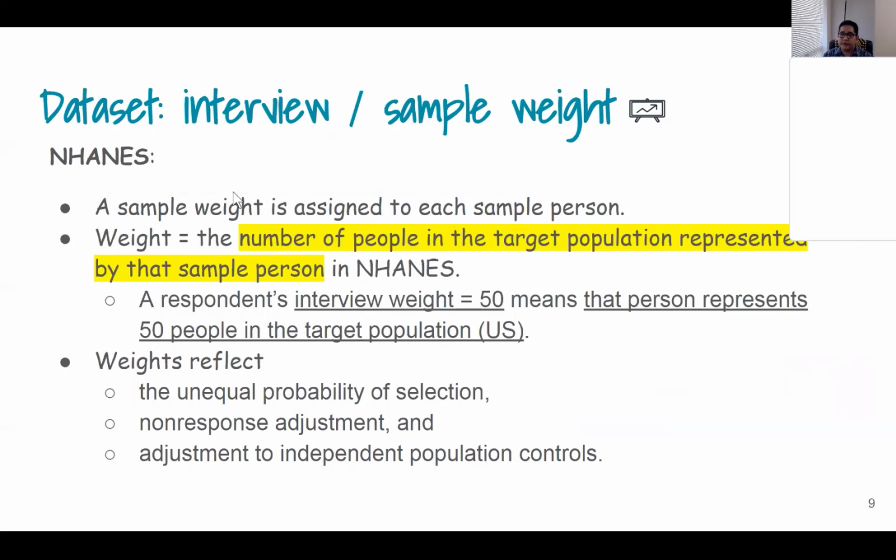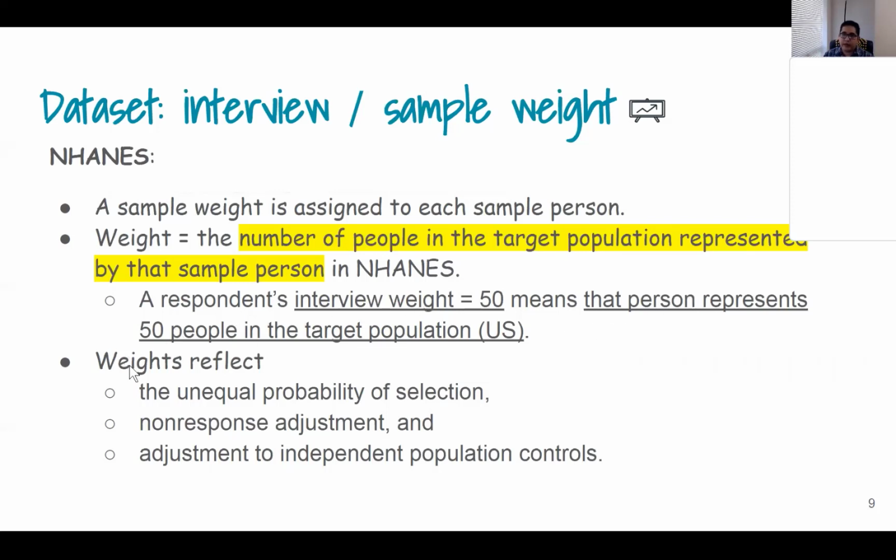Say, for example, in the data set, you will see there is a weight assigned to each of the persons. So for example, a person's interview weight equals 50 would mean that that person represents 50 other people in the target population in the US. What was our target population? The US population, right? Within a certain age range. So if someone's interview weight was 50, that person would represent 50 other people in the population.